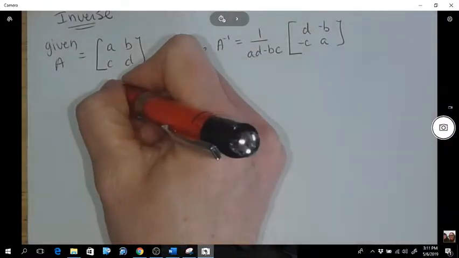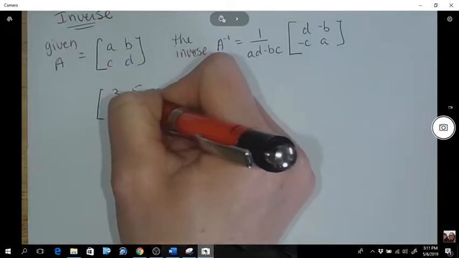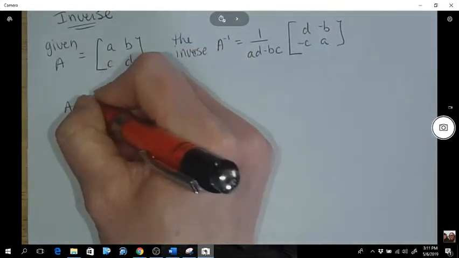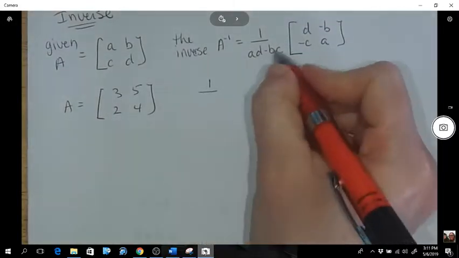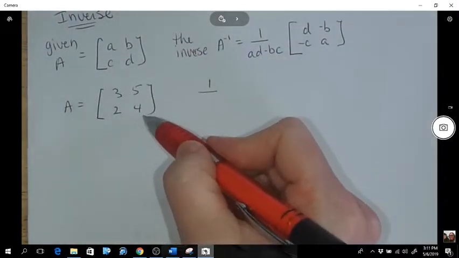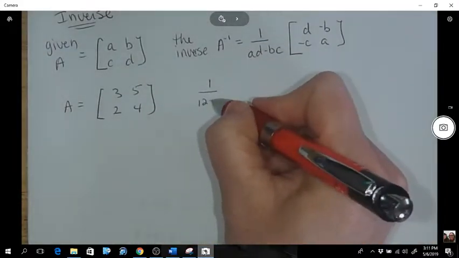So if I give you something like this, 3, 5, 2, 4, its inverse is going to be 1 over, and this is the determinant, so down right minus down left, 12 minus 10.